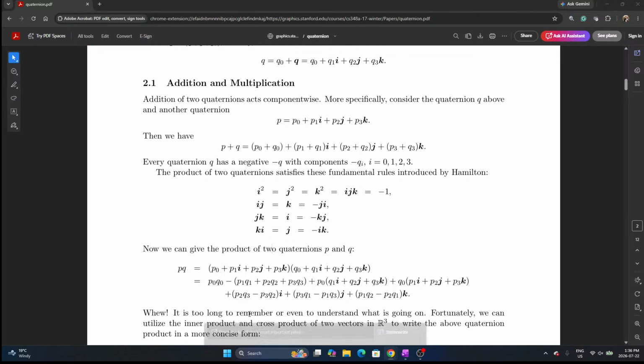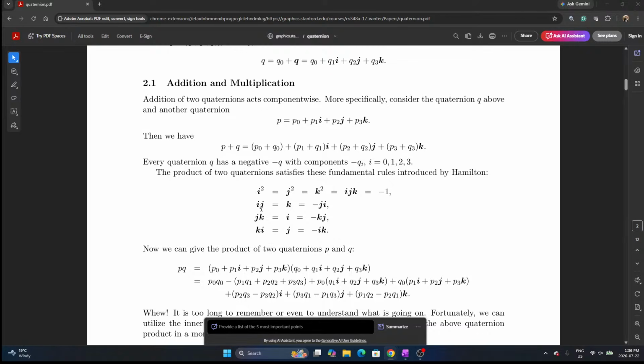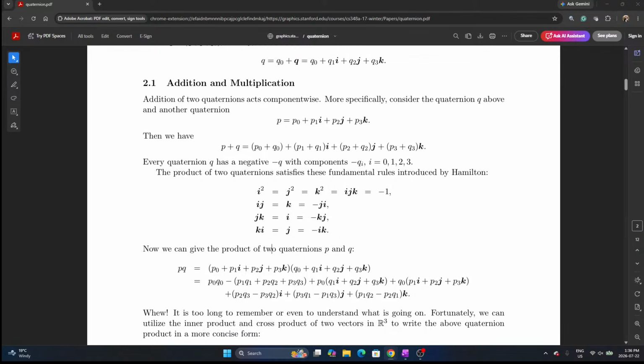Of course, we just derived the first one, right? You just multiply k on both sides of the last equation and you get that. So how do you get the rest? Let's say, how can we derive, say, jk equals i?